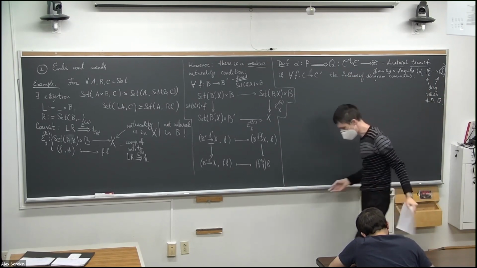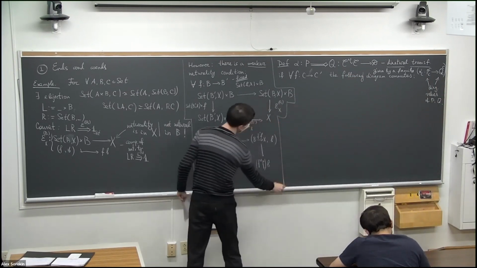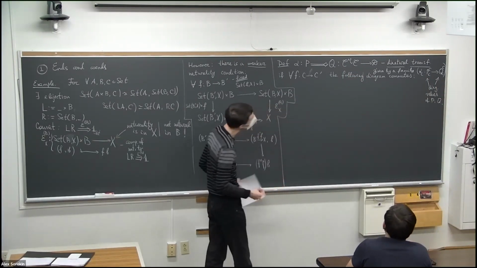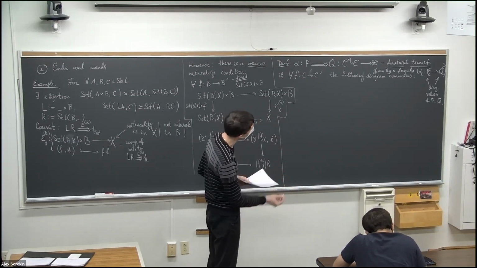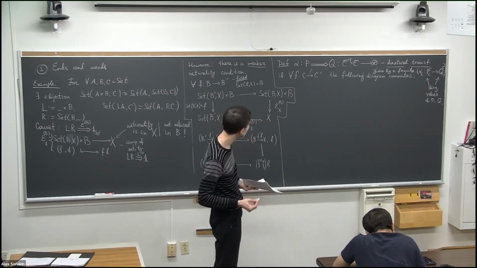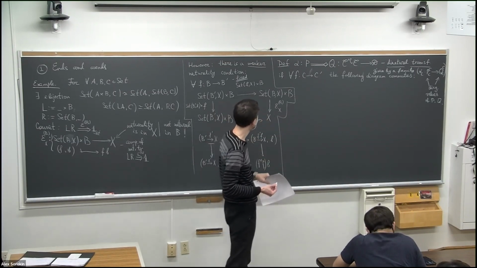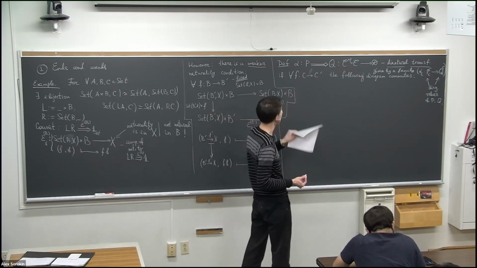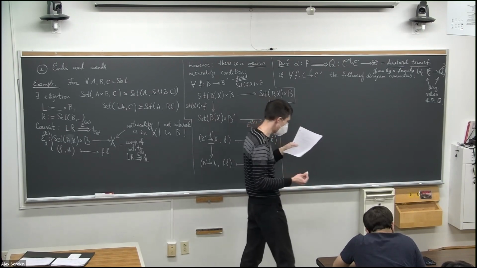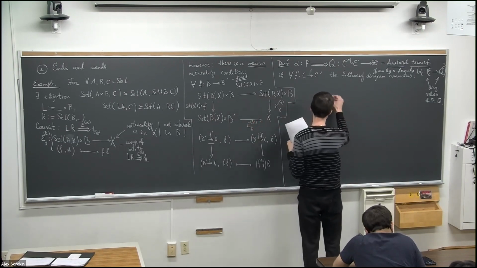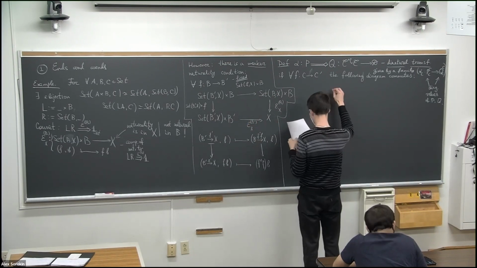So our dinatural transformation alpha is a family of maps between diagonal values of functors P and Q such that for every morphism f from C to C prime, the following diagram commutes. This will be quite a big hexagon.